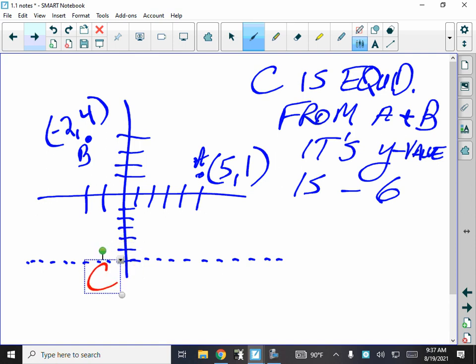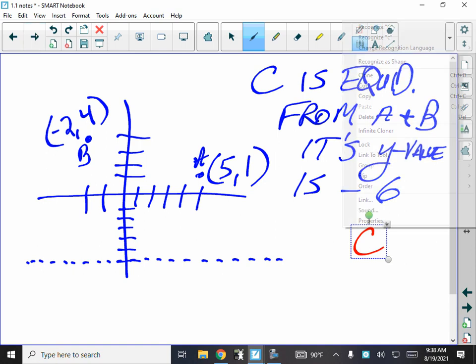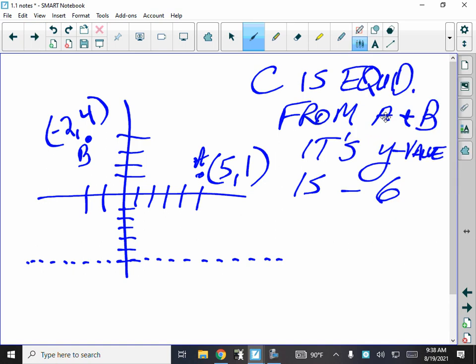Okay, so I'm going to call C, what letter should I use?